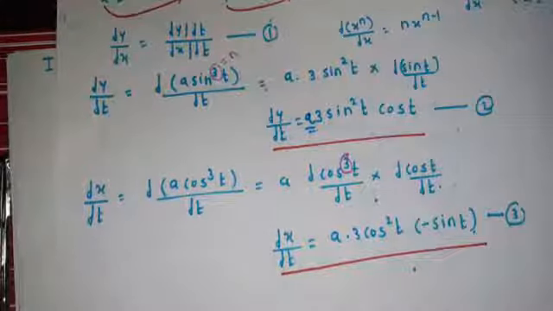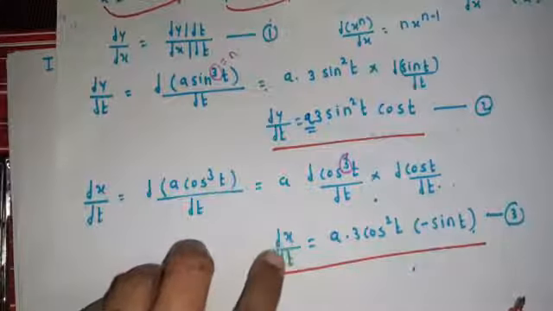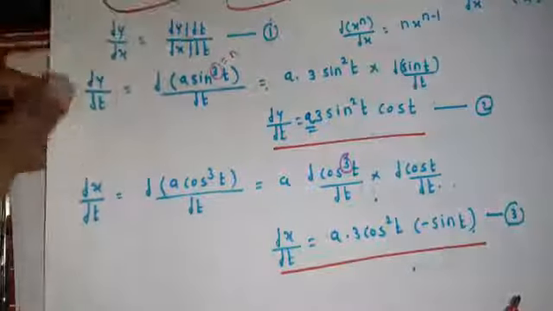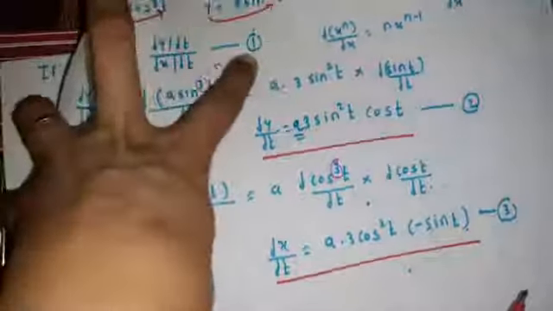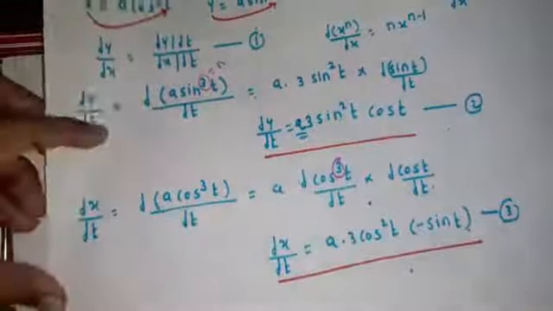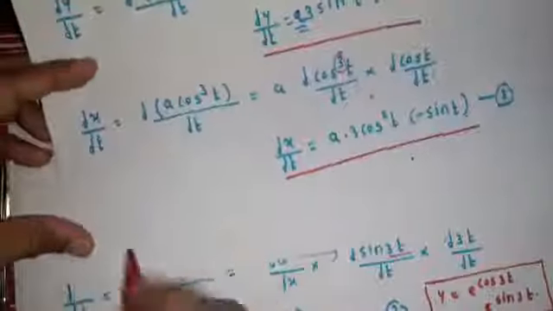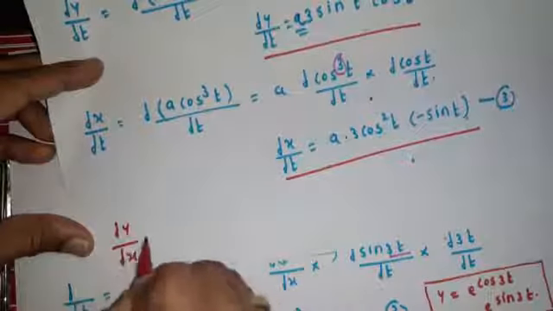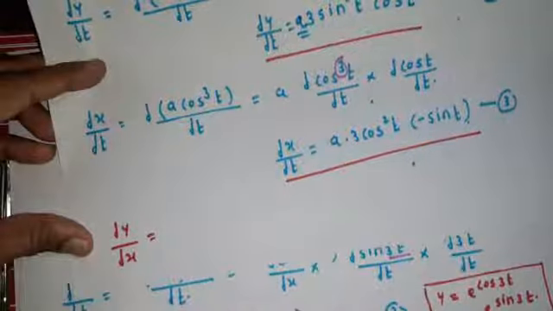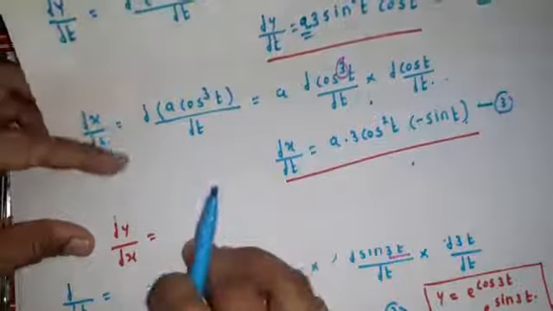Okay, so this is dy by dt, this is dx by dt, and now put the values of dy by dt and dx by dt in 1, we get dy by dx. Therefore dy by dx equals dy by dt upon dx by dt.